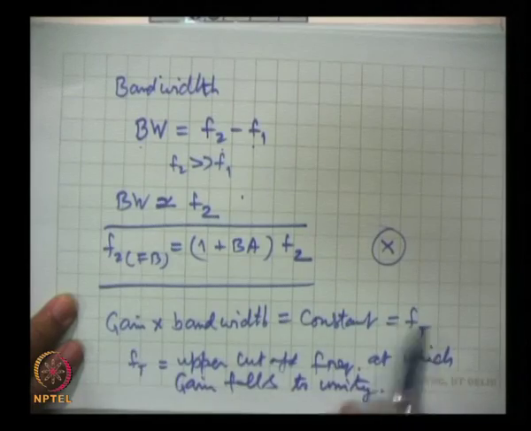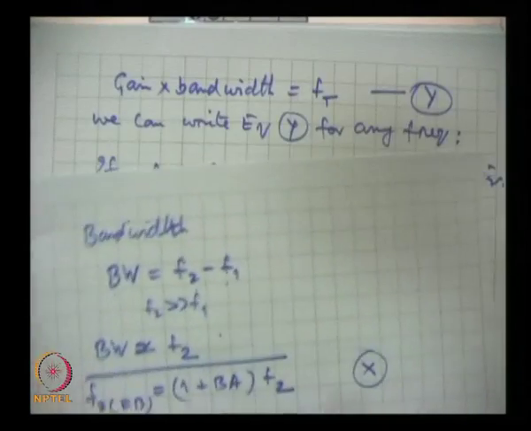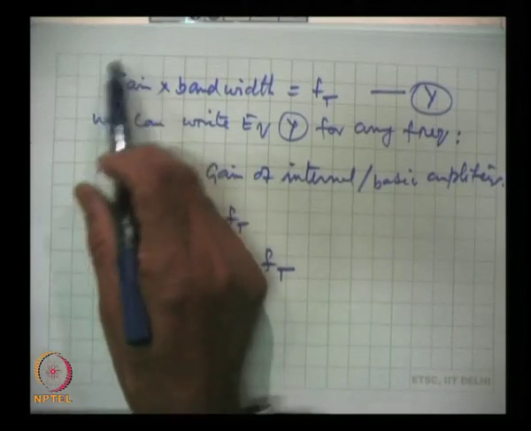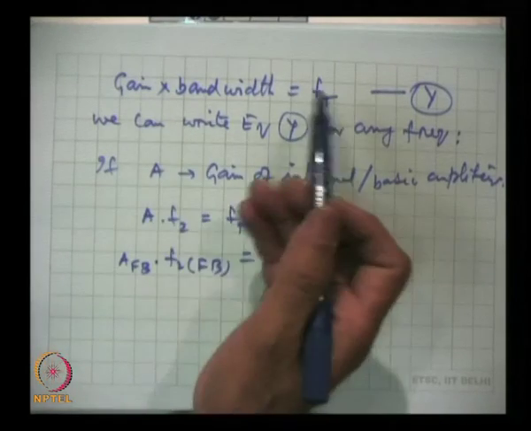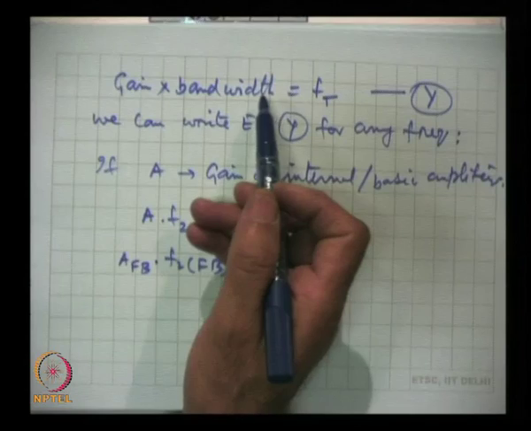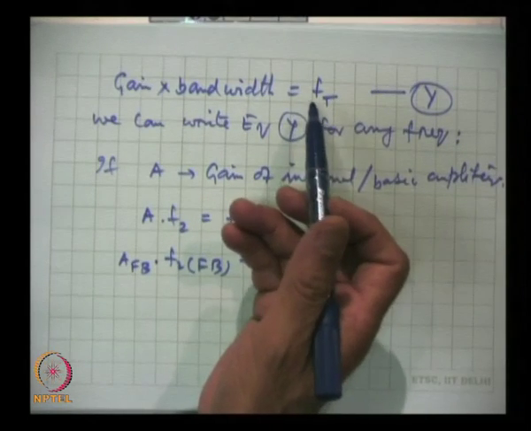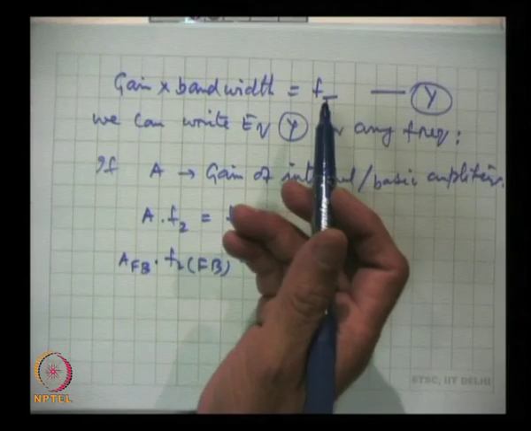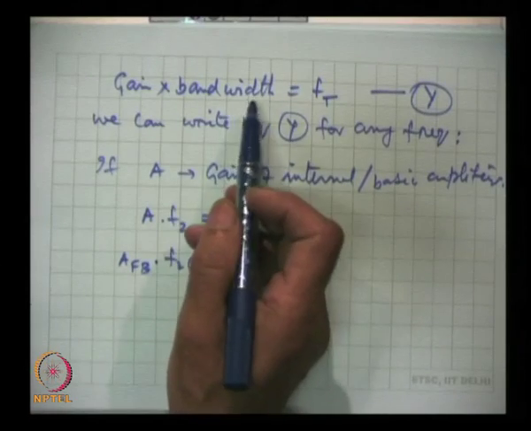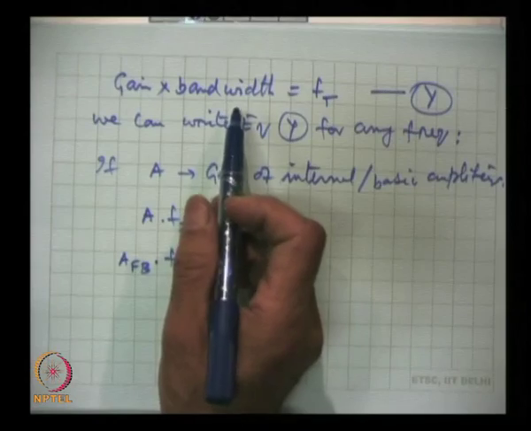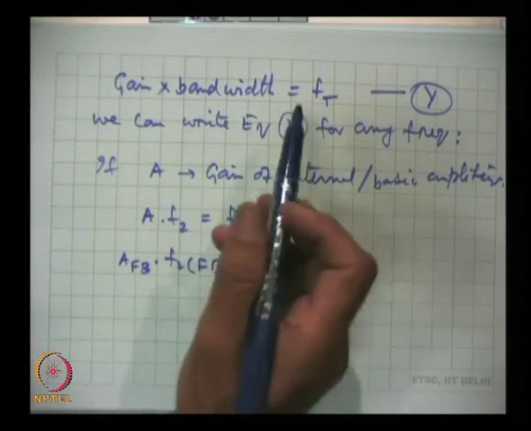And from this equation, gain into bandwidth is equal to ft. If gain is unity, then ft is equal to bandwidth. So, we can define ft. Ft is the upper cutoff frequency, which is bandwidth, at which gain falls to unity.